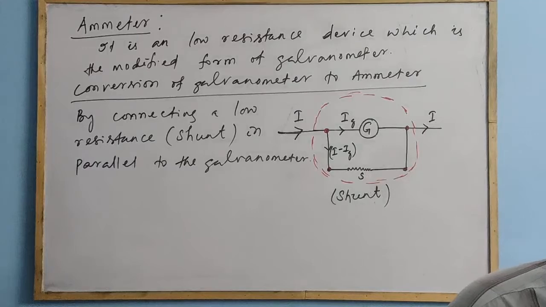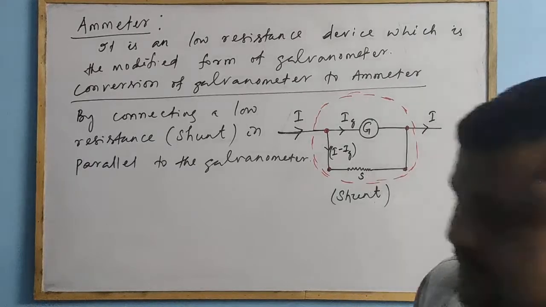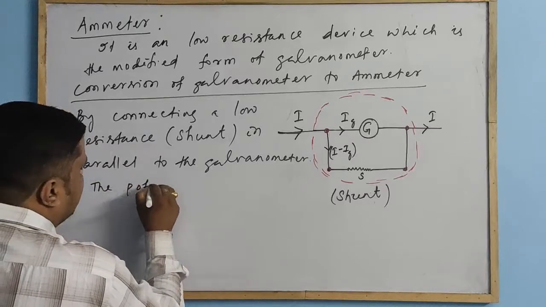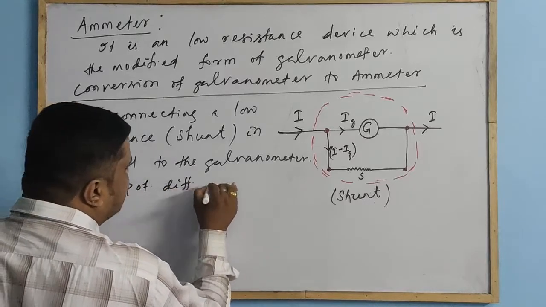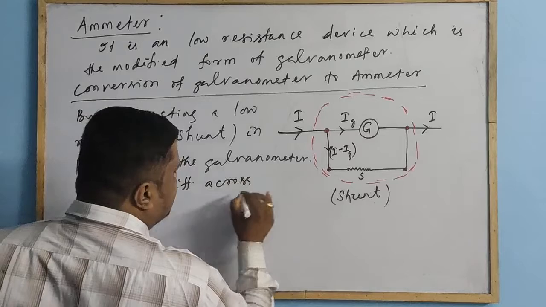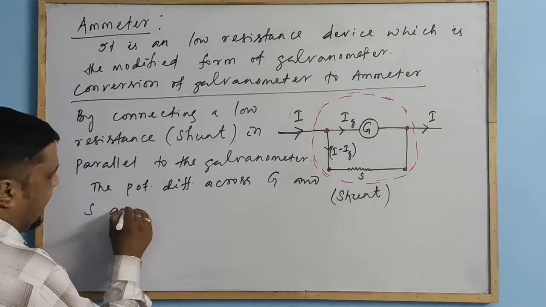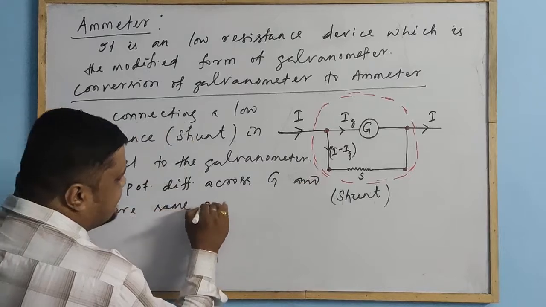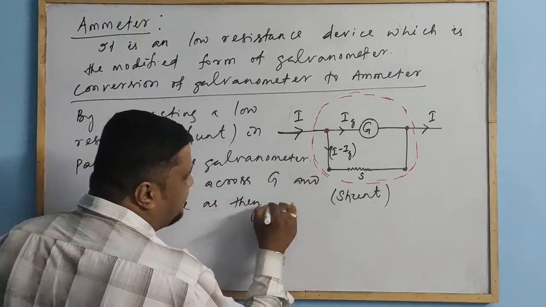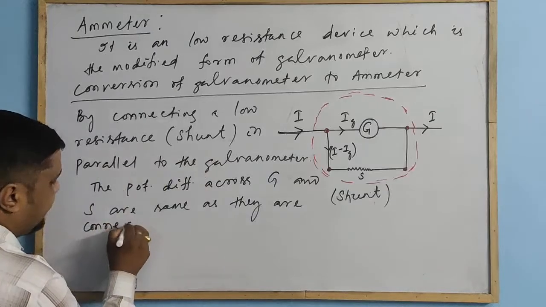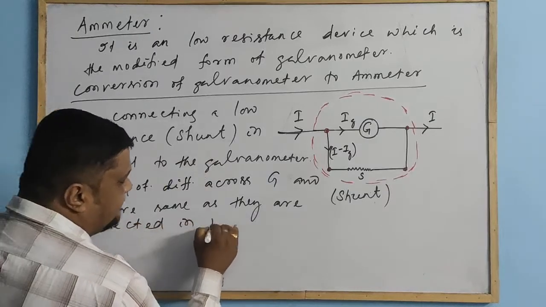Now you can say the potential difference across G and S is the same as they are connected in parallel.